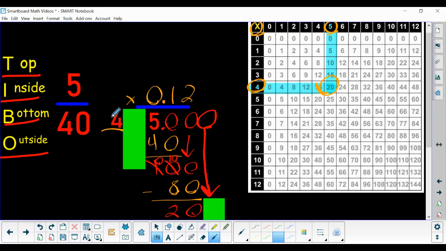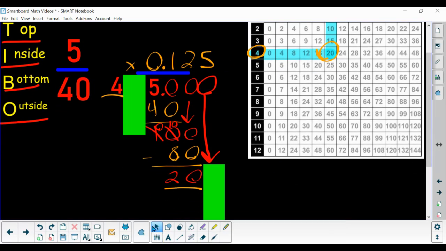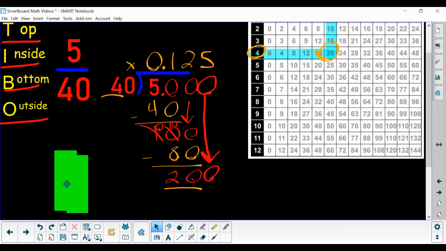So I'm going to put right here 4 times 5. All right. And now let's do the math. 5 times 0 is going to be 0. Let's get rid of this line right here.